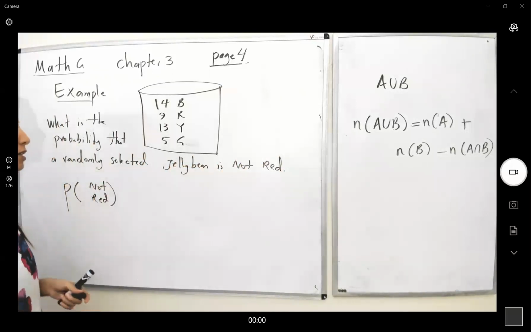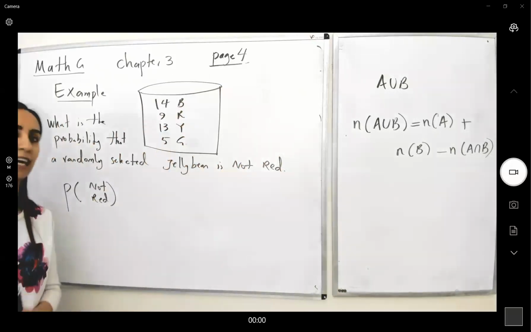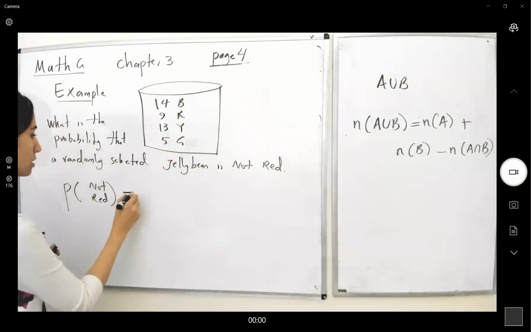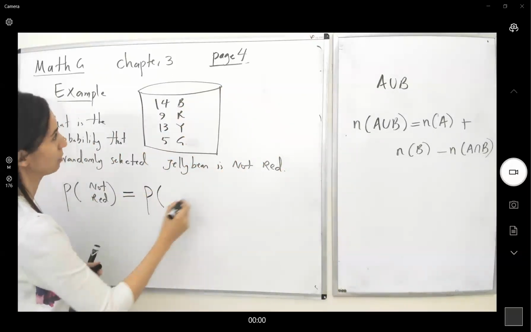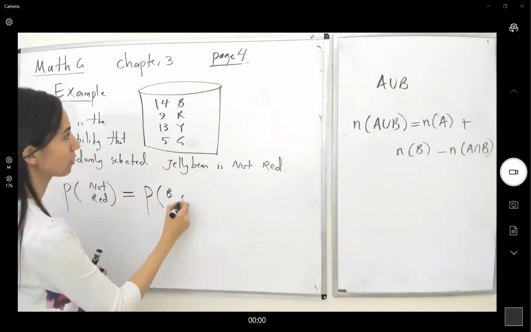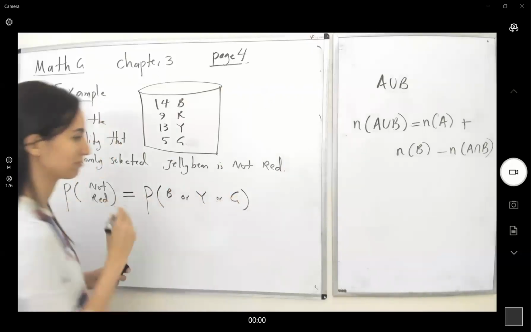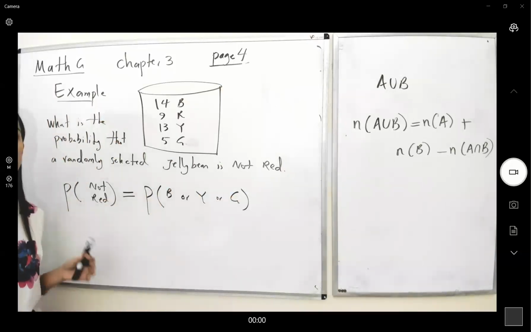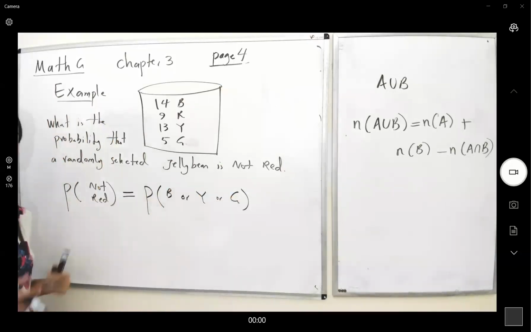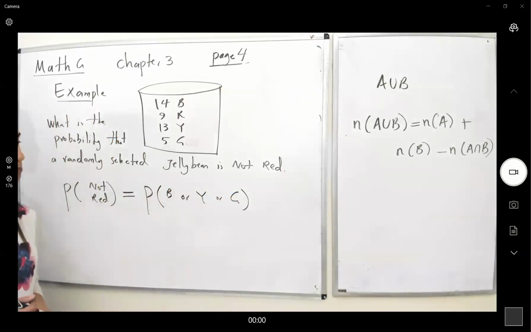When it's not red, it means that it can be black, or yellow, or green. This is equal to the probability of the jelly bean being black, or yellow, or green. And note that there is no intersection between these. They are not dependent on each other.